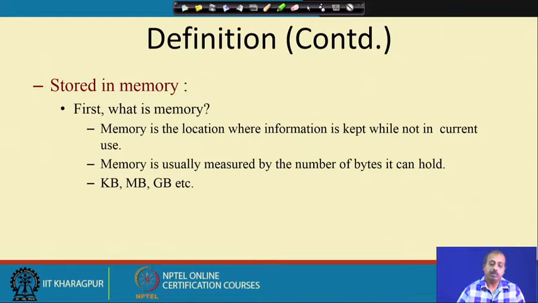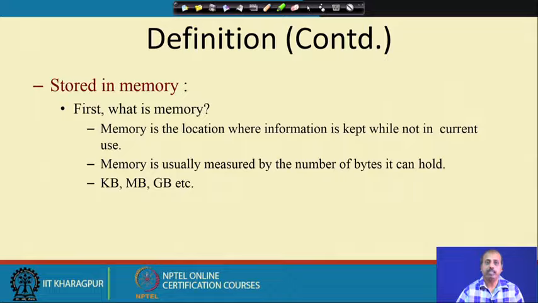Microprocessors work with programs, and these programs are stored in memory. So what is memory? Memory is the location where information is kept while not in current use. It is usually measured in terms of the bytes it can hold: kilobyte, megabyte, gigabyte, and it is connected to the processor.